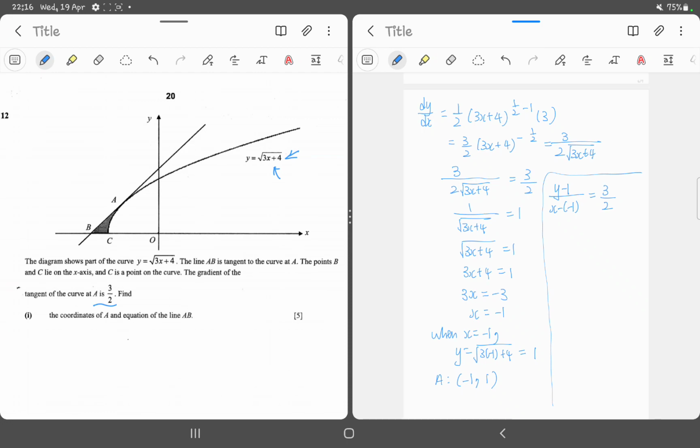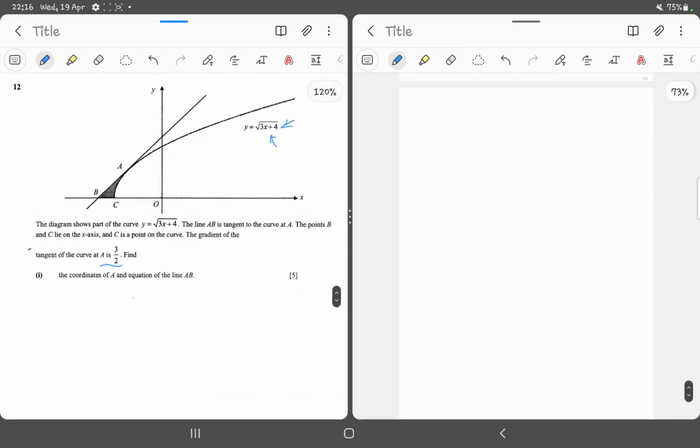So using this, we can solve for the equation of the line AB. 2y minus 2 is 3x plus 3. So 2y equals 3x plus 5, which means that y equals 3/2 x plus 5/2. And yep, we are done with 12 part i.